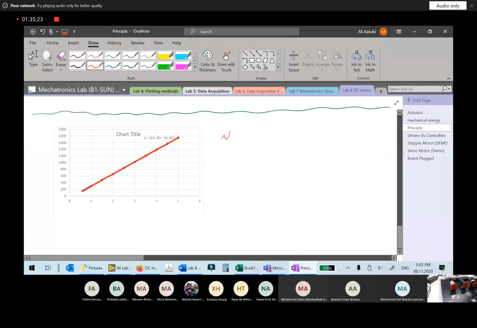So basically here, let me reverse this because this is omega. So my equation here is omega as a function of V equals 362.48 V minus 61.103.